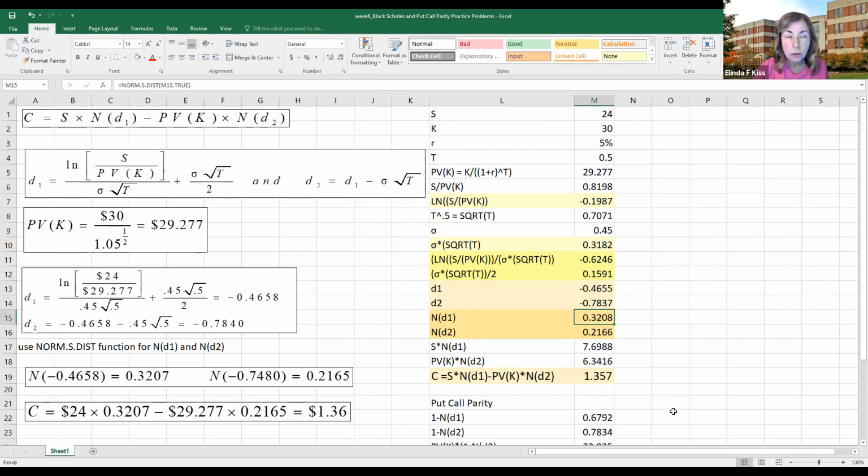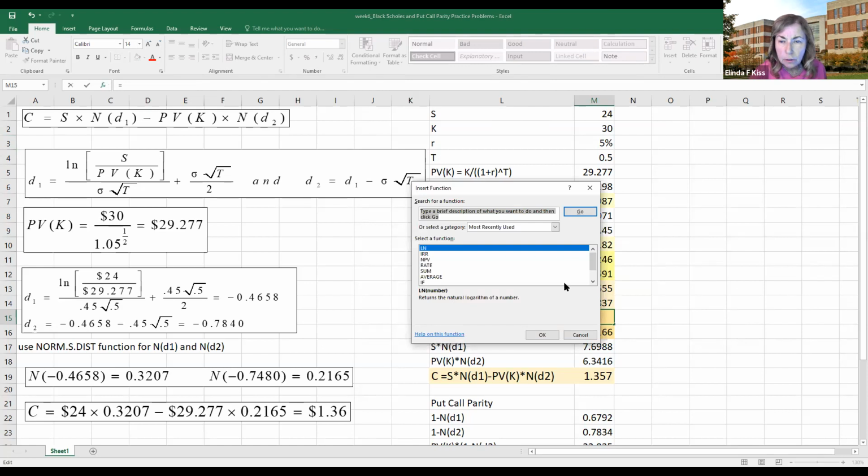Now I use my normal distribution, and you can see the function that I'm using is called NORM.S.DIST. Let me show you this function. I'll go to functions, and I click norm.s.dist and click go.